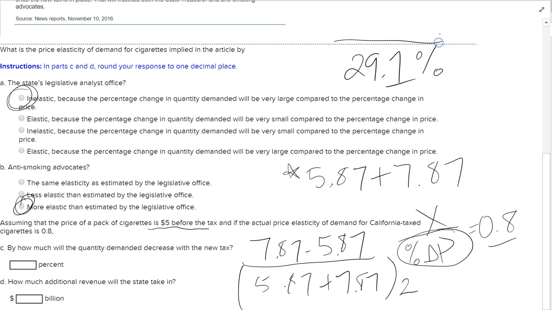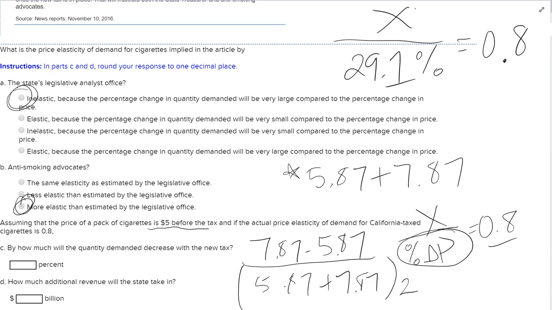Now, I'm not going to do the rest of it for you because given that information, I hope it should be pretty simple to say, well, we don't know the change in quantity demanded in percent terms, but we do know the price change and we do know the resulting elasticity. So at this point, use your algebra skills and you should be able to solve for X. And then how much additional revenue would the state take in?